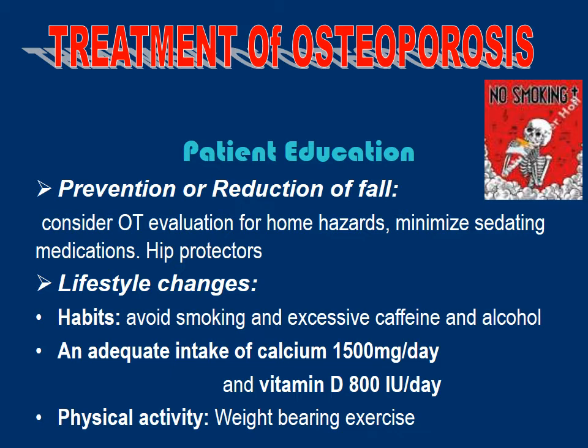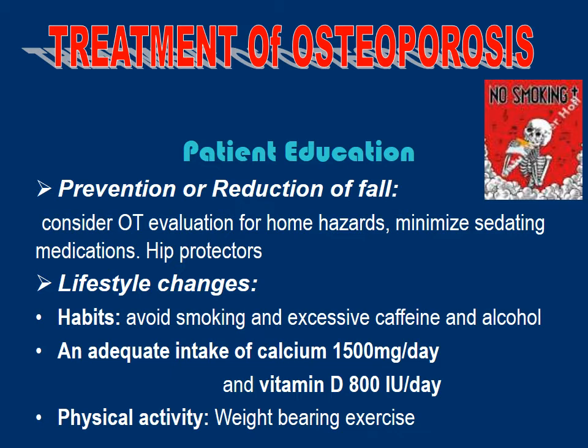Consider occupational therapy evaluation for home hazards that cause patients to fall, and minimize medications that cause sedation and drowsiness, which make the patient more liable to fall. Use hip protectors so that if the patient falls down, he or she can protect the bones from getting fractured.